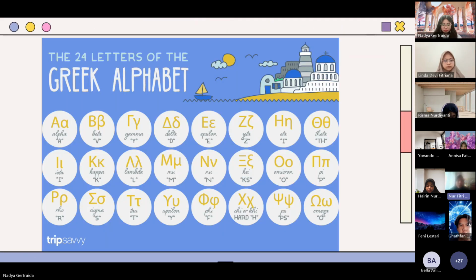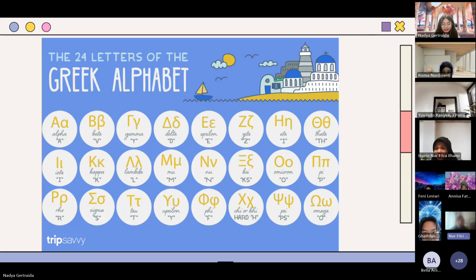This is the 24 letters of the Greek alphabet. The first one is alpha. This is how to pronounce it, like A, and this is the symbol. The next is beta.